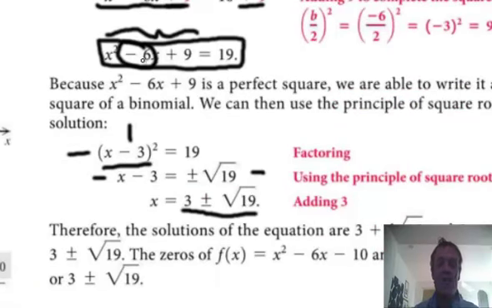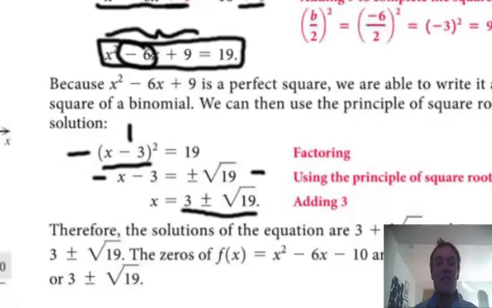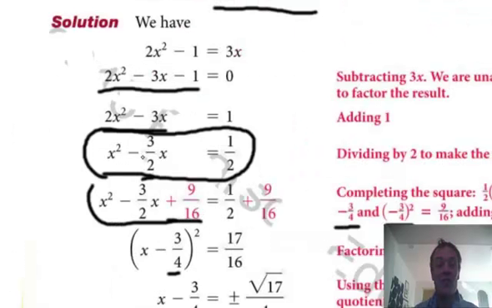So here, half of 6 is 3, and I squared it. Half of 3 over 2 is 3 over 4, so that's what goes in here. Okay, it's no different than that. Okay, x squared minus 6x plus 9 produced x minus 3 squared. That's just half the number, so half this number, I end up with negative 3 over 4.